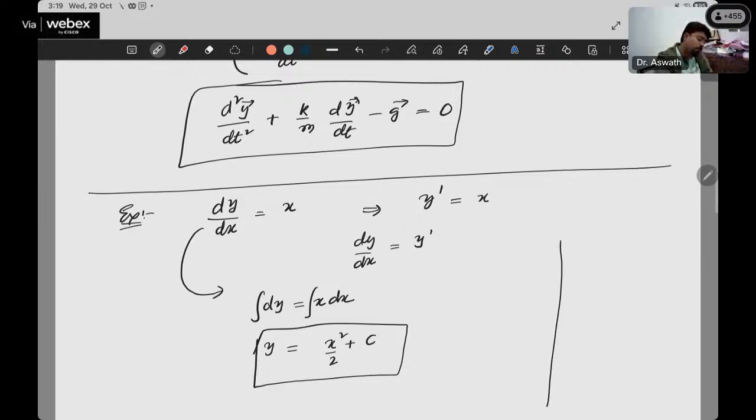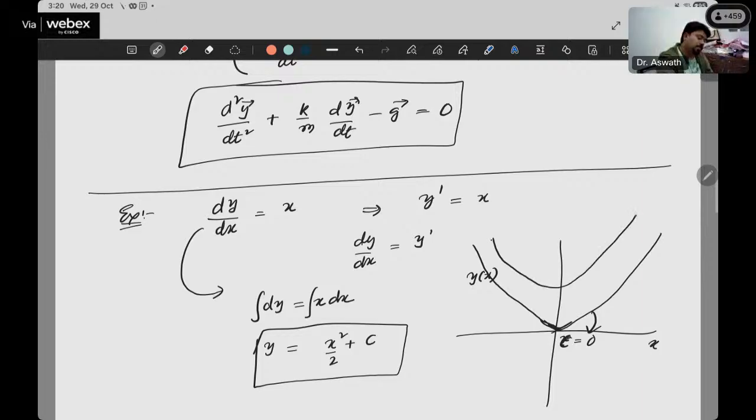If you plot y of x versus x, it goes through the center. It's a parabolic function, not a V. I draw it like this, where c is equal to 0 for this curve. And if I have some non-zero c, I'll have something like this, c not equal to 0.